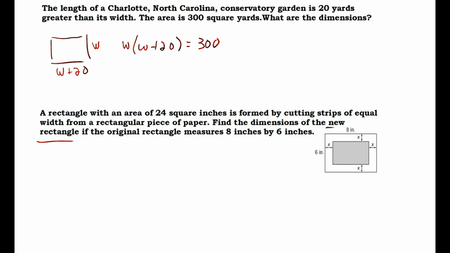Find the dimensions of the new rectangle if the original measures this. So I know that the original area of this rectangle is 8 by 6, right? I know that's the original, but a rectangle with an area of 24 inches is formed by cutting. So the new area is 24.